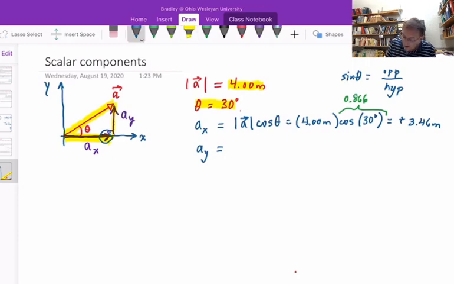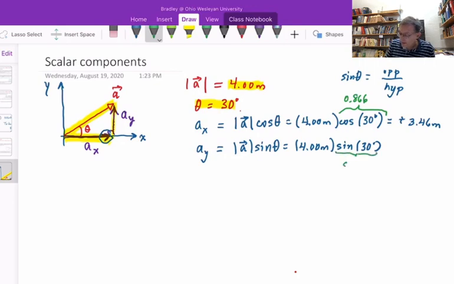So to get A sub y, I do magnitude A, hypotenuse, sine of theta. 4 meters is the magnitude of A, sine of 30 degrees. You put that in your calculator. Make sure, again, your calculator is in degree mode. And it will tell you that the sine of 30 degrees is 0.5, 1/2. 0.5 times 4 is positive 2 meters. I get another positive value. That's consistent with the fact that the arrowhead on A sub y points in the plus y direction.